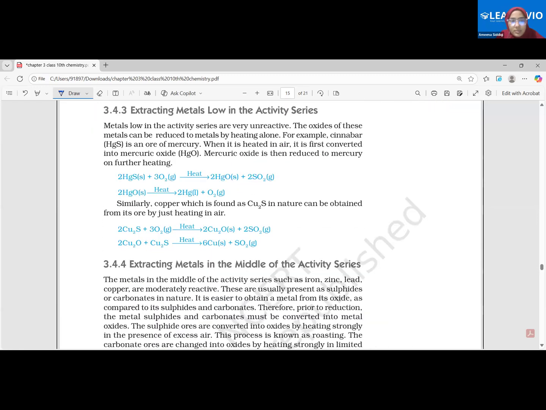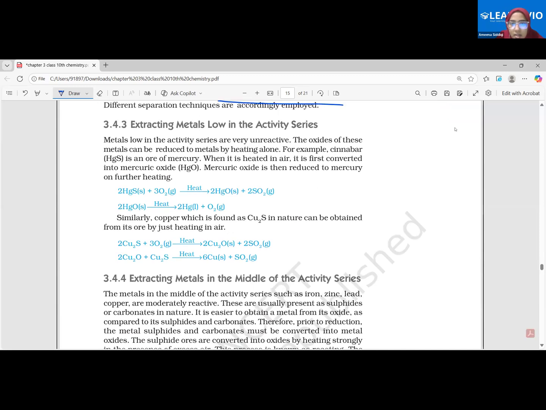See, extracting metals low in the reactivity series. Cinnabar, please know these names. Cinnabar is HgS, sulfide ore of mercury. When it is heated in the air, see, sulfide ore, so it has to be changed to the oxide first, yes or no? How can we change it to the oxide?